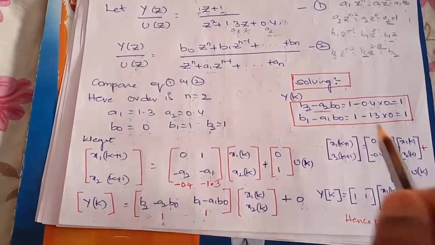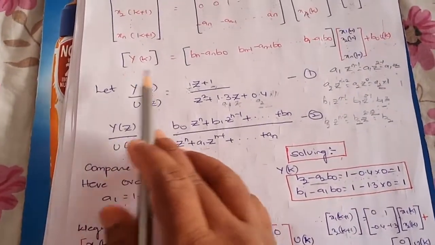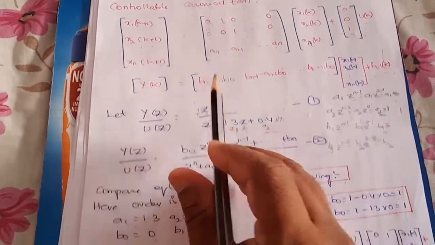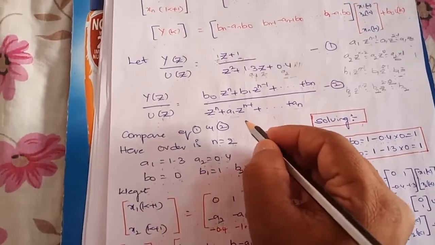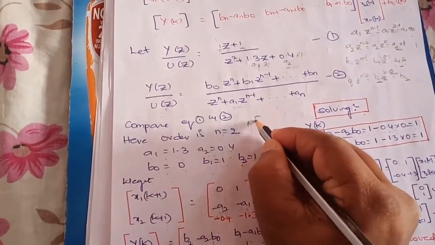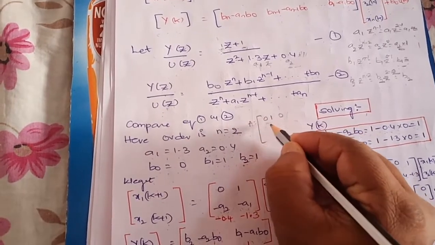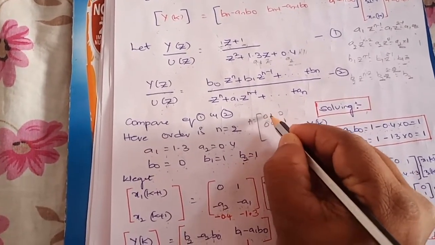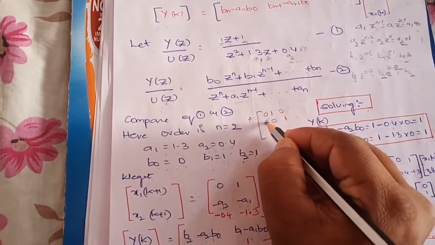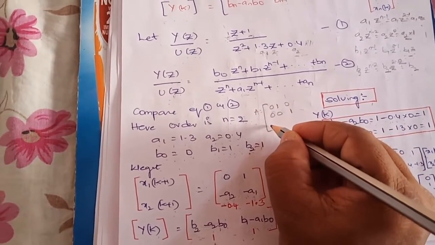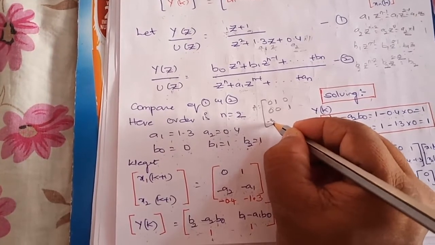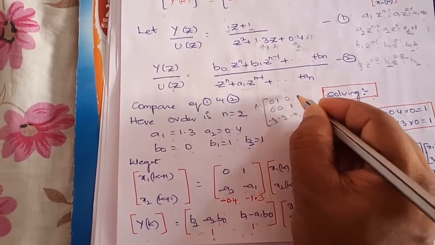This is how to solve the state space representation of a given problem in controllable canonical form. This is for 2 by 2. Suppose it is a 3 by 3 matrix, then matrix A should be written as 0, 1, 0, 0, 0, 1. The second element is 1 in the first row, and in the second row the third element will be 1. Since the order is 3, n equals 3, so we have to get a3, a2, a1.